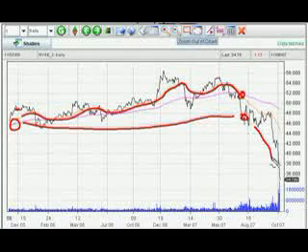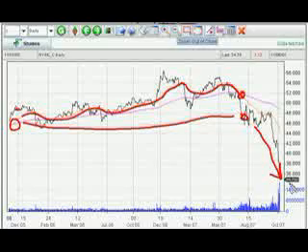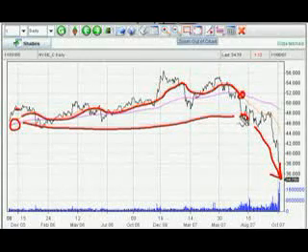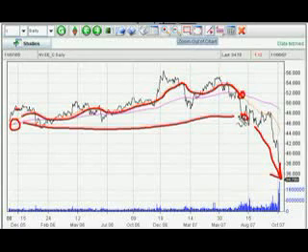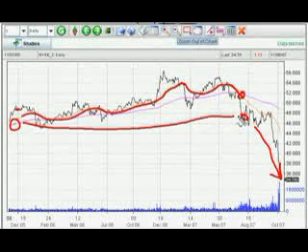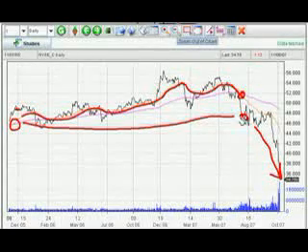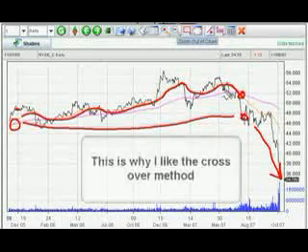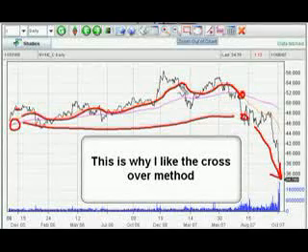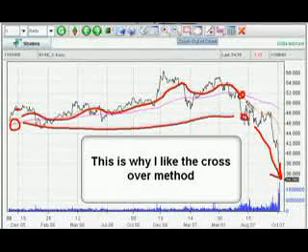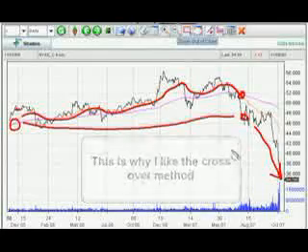You avoided this big move down, and this is going to take a while for this market to get to 34.78, but you had the signal right at around 47. So you had about $13. You would have been out of this market and not have to worry about it. So I think that's what I like about the crossover method, as opposed to prices above or the indication of the slope of the moving average.